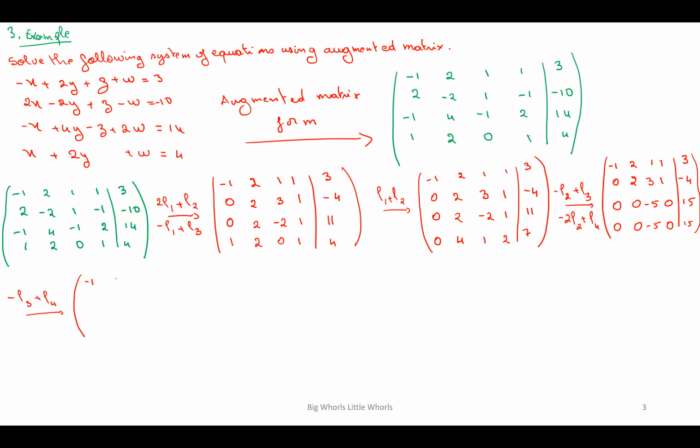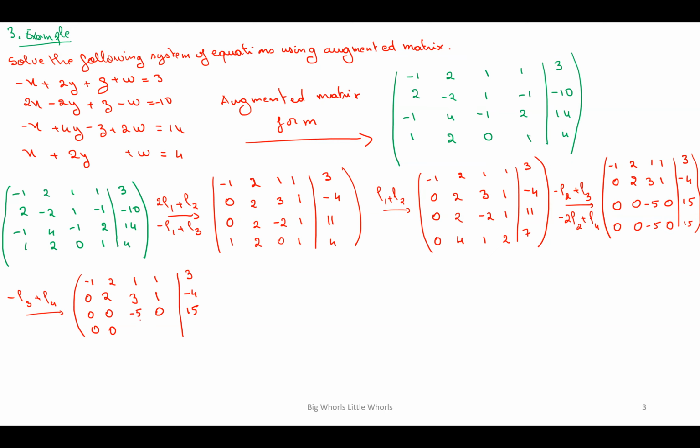We have -1, 2, 1, 1. So we have 0, 2, 3, 1, -4, 0, 0, -5, 0, and 15, and 0, 0.